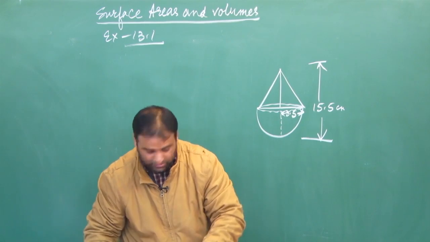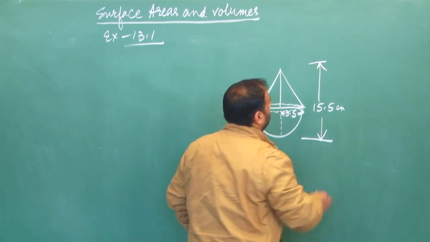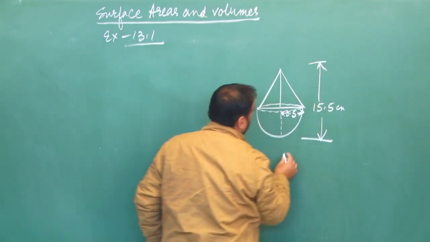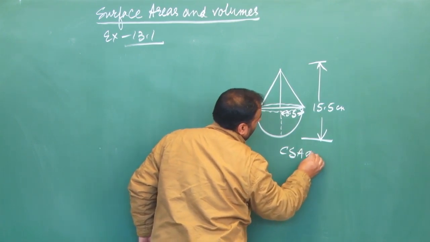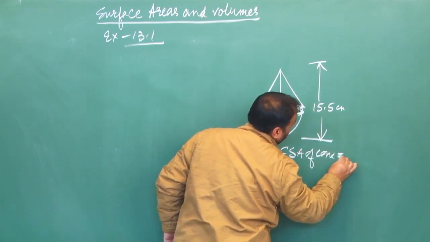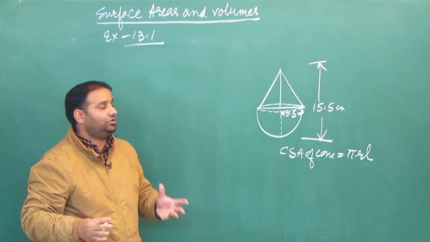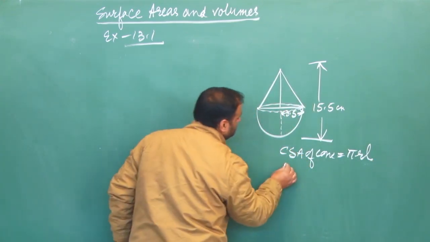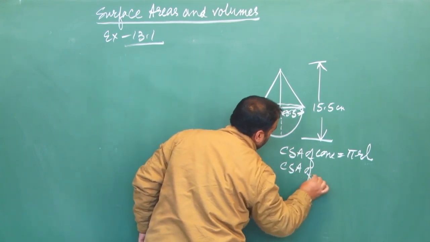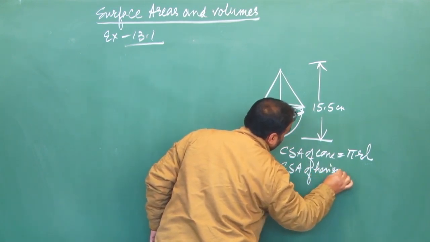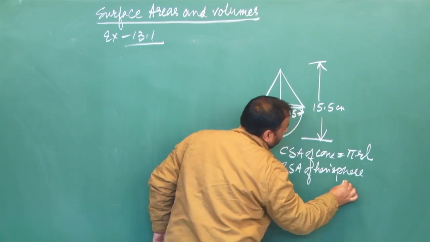The curved surface area of a cone is pi r L, where L is the slant height, and the curved surface area of a hemisphere is 2 pi r square.